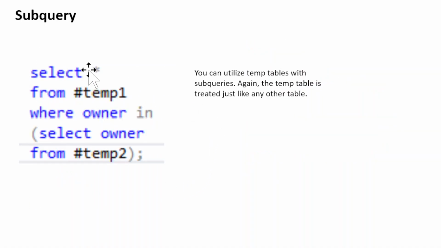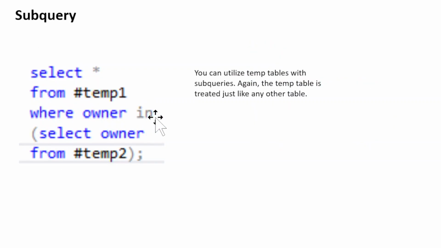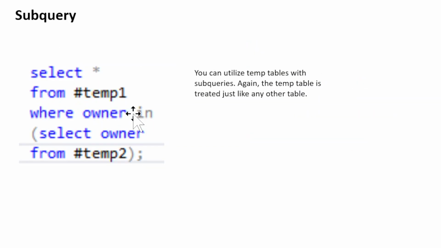Remember our subquery. So we can say select star from temp one, which is our cat, where owner in select temp two, okay? And that's actually not what you want. That would return people who own dogs and cats. We say where owner not in select temp two, and that would return only people who own cats, okay?